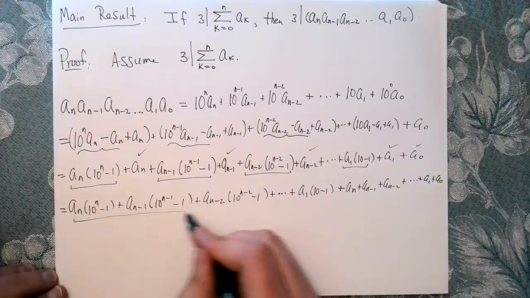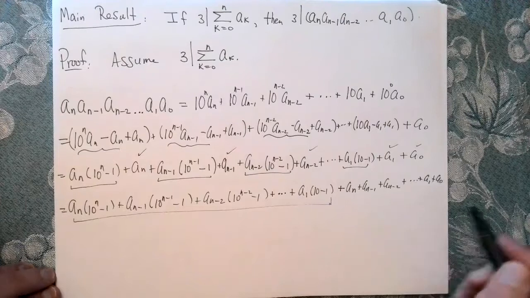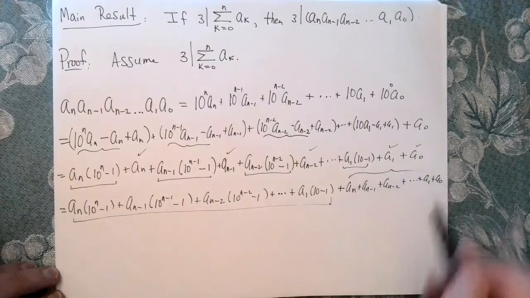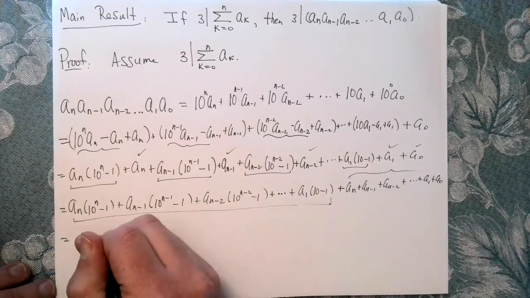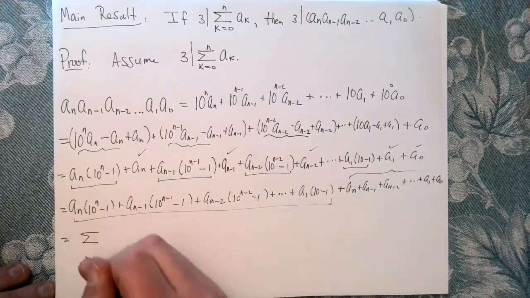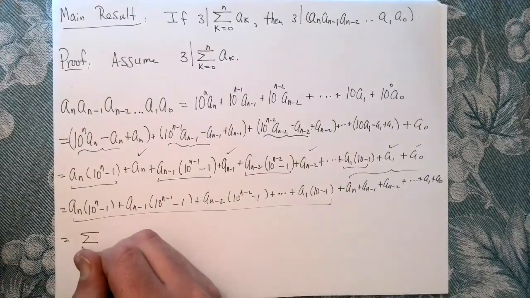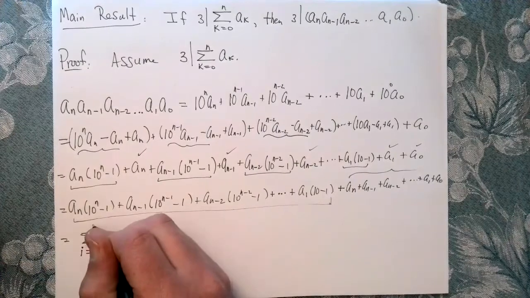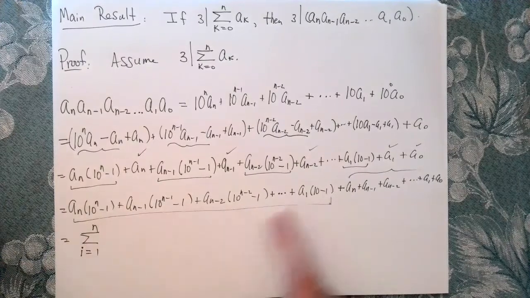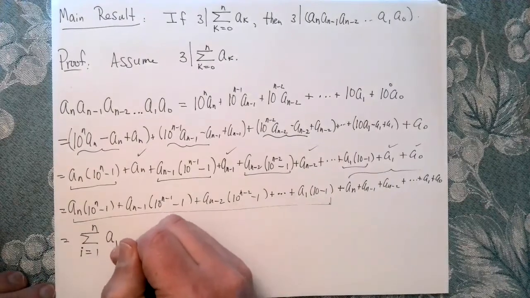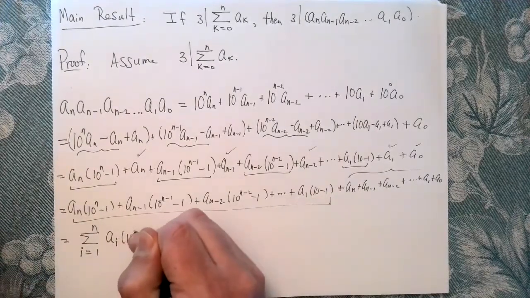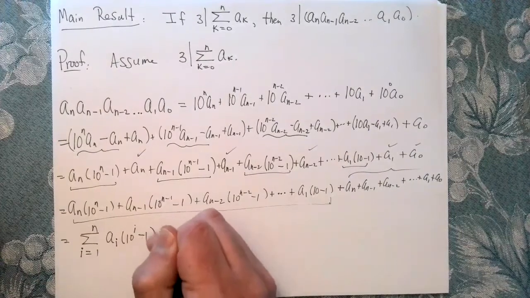Well, here we've got a nice pattern. We can represent this in summation notation, and here as well. So my index i will start at 1, and it's going to end at n. That makes sense, 1 to n. We've got a sub i times 10 to the i minus 1.